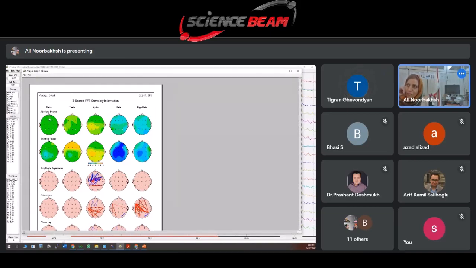Yes. And theta, the green is normal. Delta in absolute power is normal now. And theta is increased in this person.